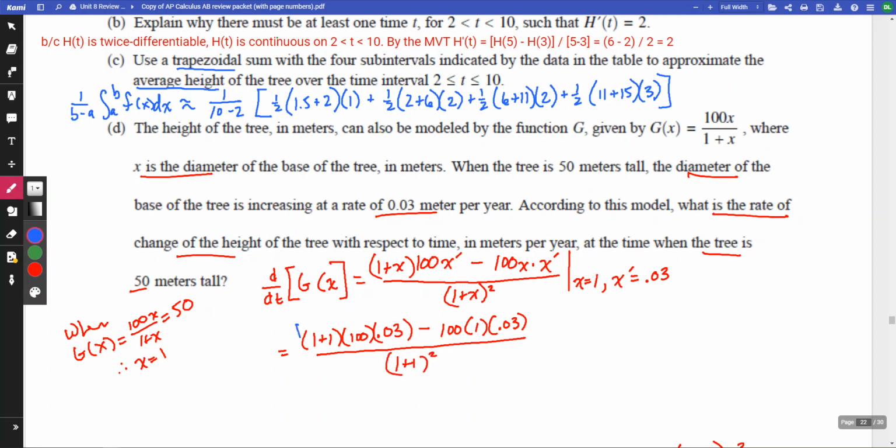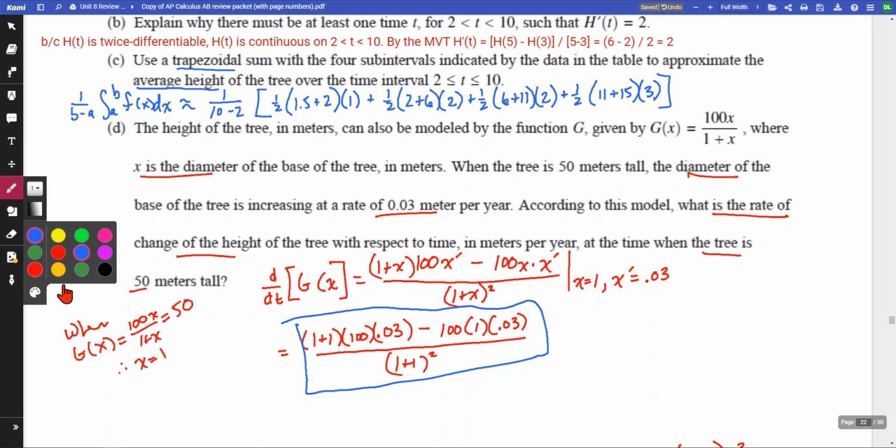And if this is an open response question without a calculator, that's a satisfactory answer. But we could expand this if I wanted, right? That's going to be 2 times 100 times 0.03 is 3, minus 100 times 1 times 0.03, so that's 2 times 3 minus 3, all over 1 plus 1 squared. That's 4, which would give me 3/4.